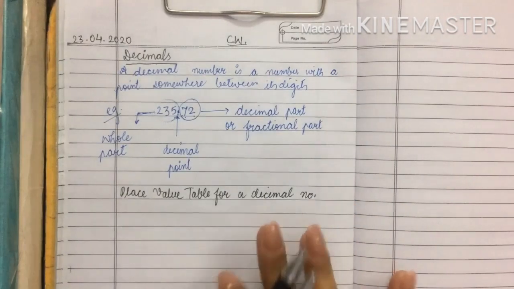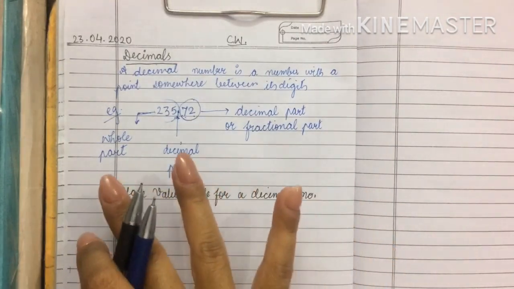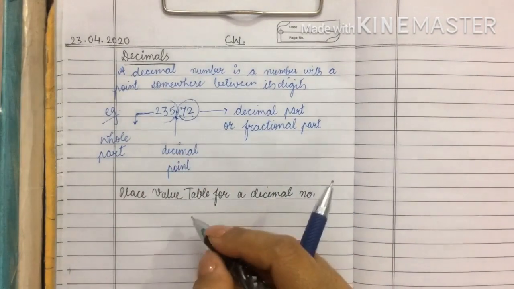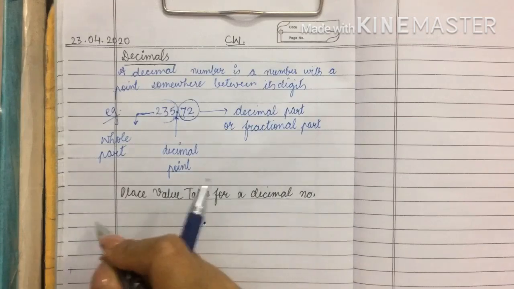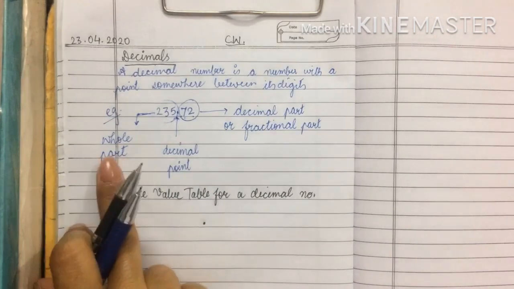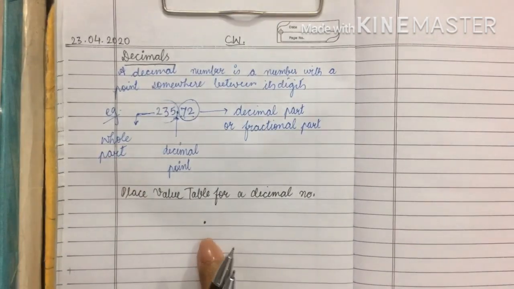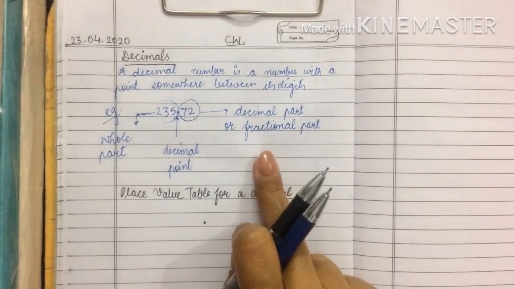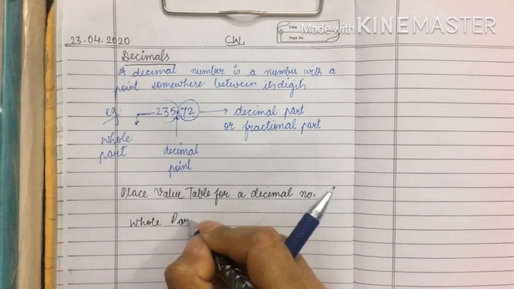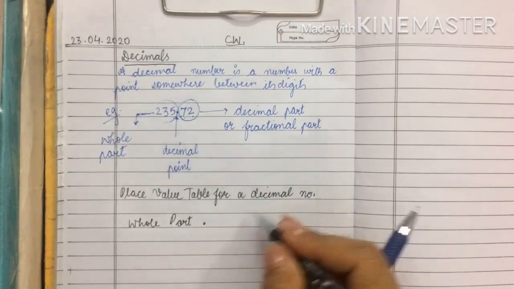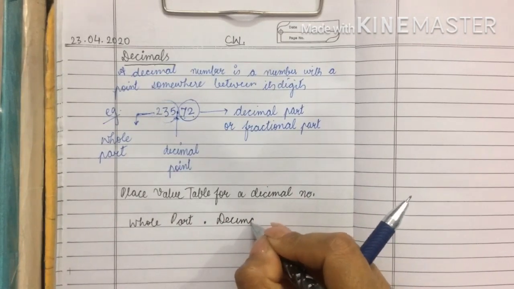Since your decimal number has 2 parts, you will have 2 different types of places depending on your point. From the point towards the left, the places are for the whole part, and from the point towards your right, the places are for the decimal part. So this is your whole part, on the left of the point, and on the right of the point, you have your decimal part.